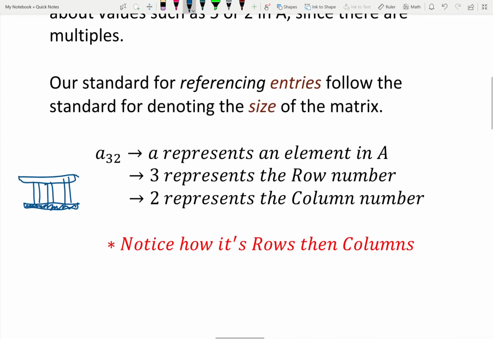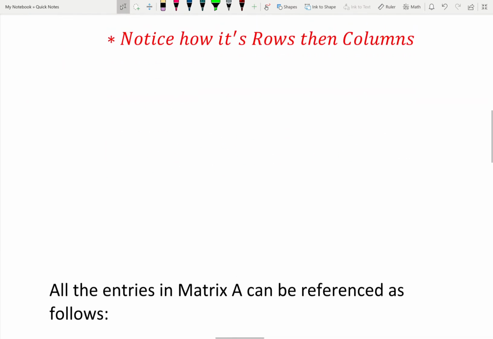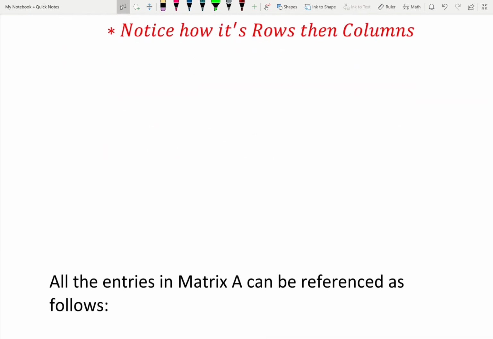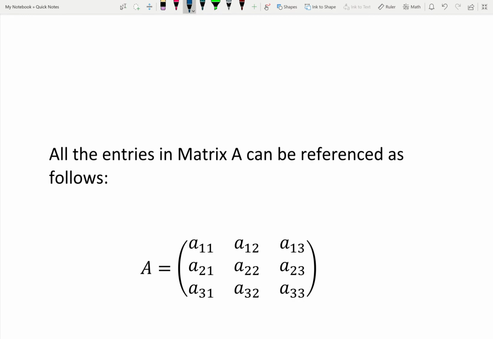Okay, so continuing, that means all of the entries in a matrix can be referenced like this. This entry is in row 1, column 1. This one over here is in row 2, column 3.